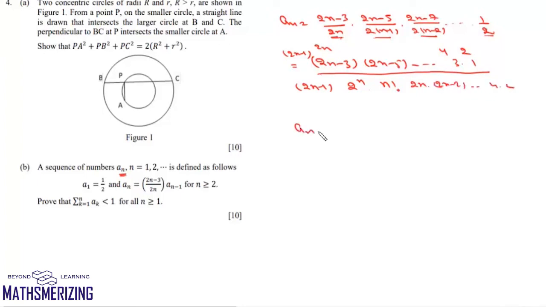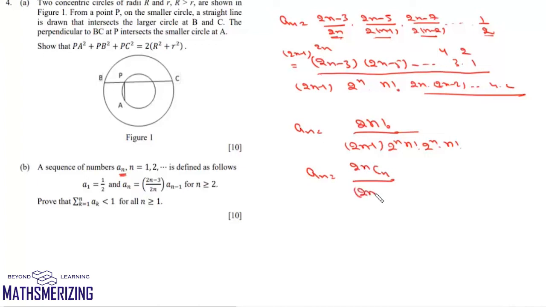So we can write this an as factorial 2n minus 1 in the numerator. Now this is 2 to the power n into factorial n, and this also will be 2 to the power n into factorial n. So we can write an as 2n Cn upon (2n minus 1) 4 to the power n.